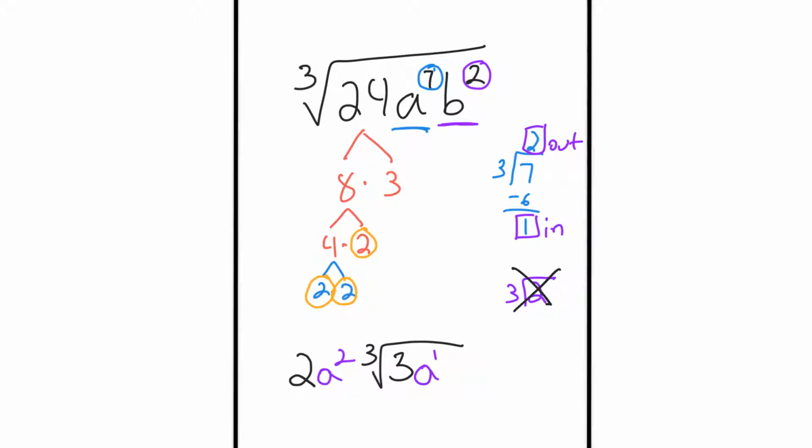What that means is you're going to keep the b squared inside of the radical. Here's another way to see it: if the variable inside of the radical has a smaller exponent than the root, then you keep that variable with the same exponent inside of the radical. So my answer is right here: 2a squared times the third root of 3ab squared.